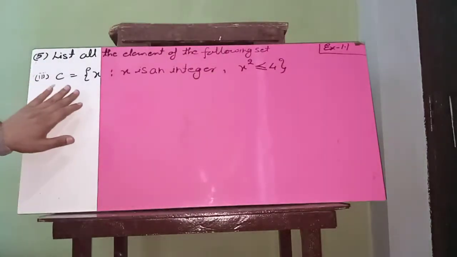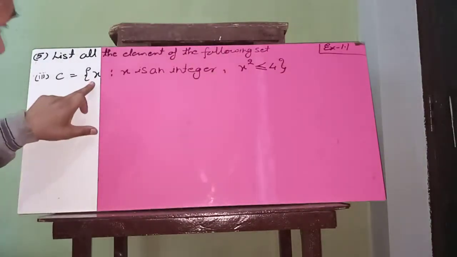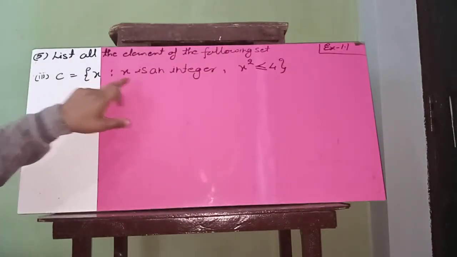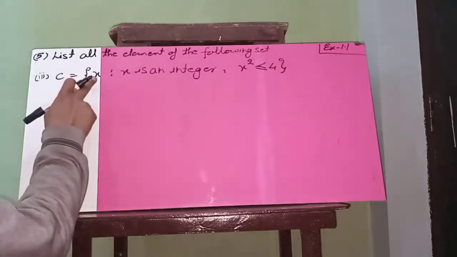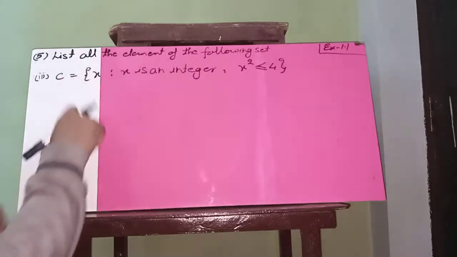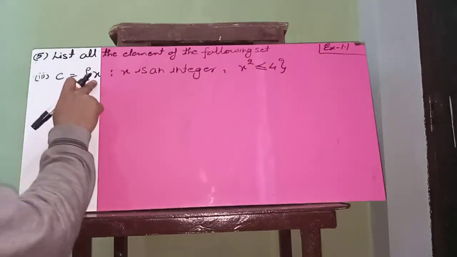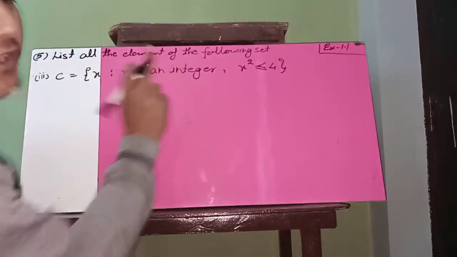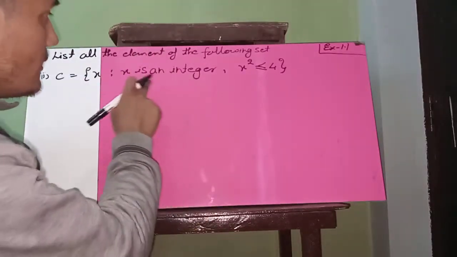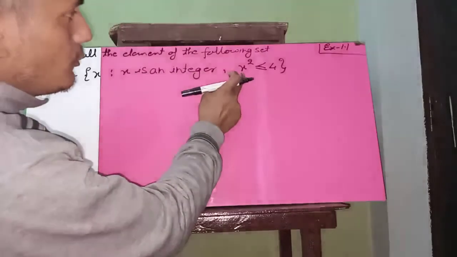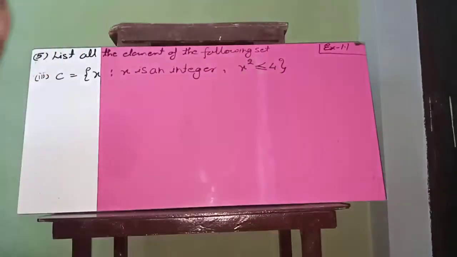In the given set we have an element x. Which type of element is x? x is an integer. Which type of integer? An integer whose square is less than or equal to 4.